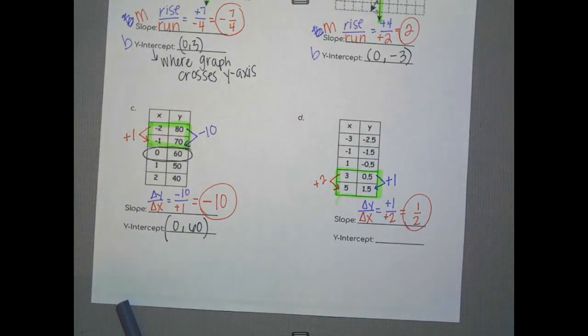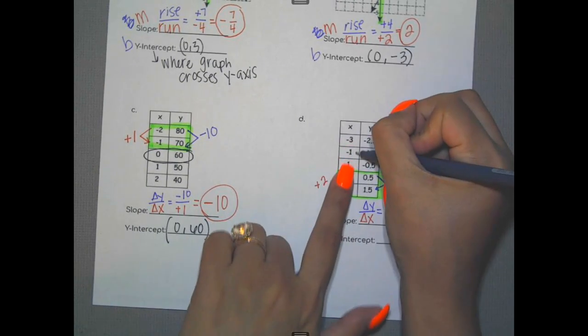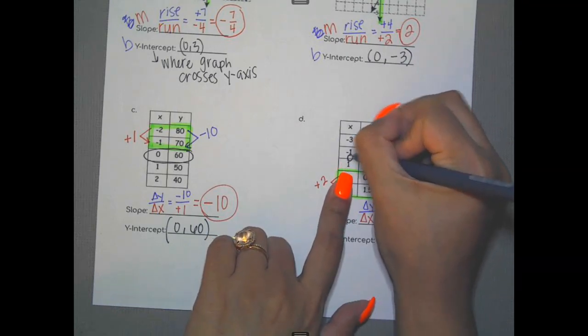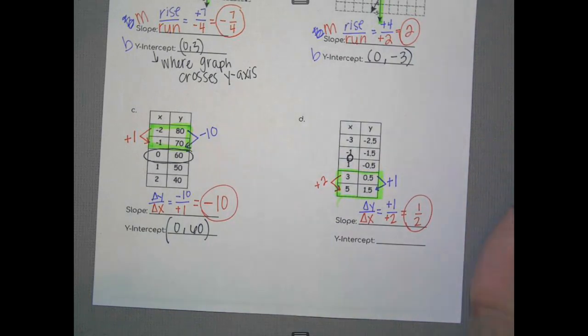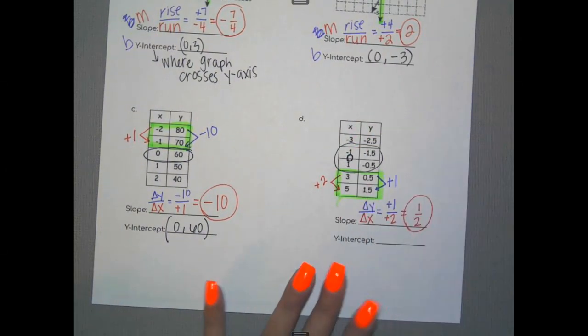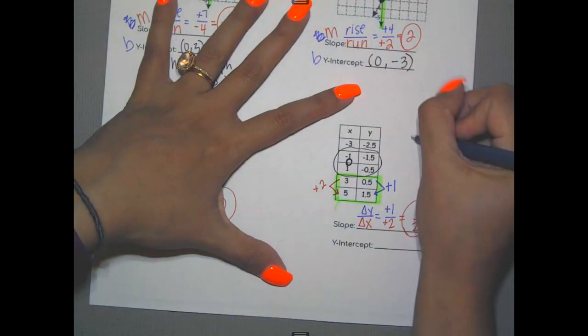So when I look at my table, I know that 0 would go right here in between -1 and 1. Okay. So what I'm going to do is I'm going to rewrite this portion of my table so I can put the y-intercept on my table.